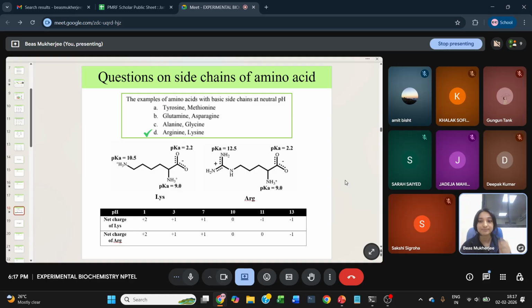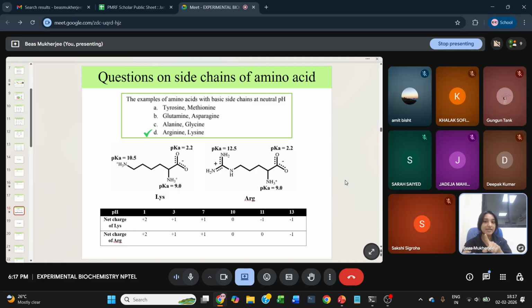Okay, try to understand. Initially, when the pH is 1, the net charge is +2. Why is that so? Because this COOH group is remaining as COOH, NH3 plus is remaining as NH3 plus, and another NH3 plus, that of the side chain, is also NH3 plus. Now what happens when it is pH 3?